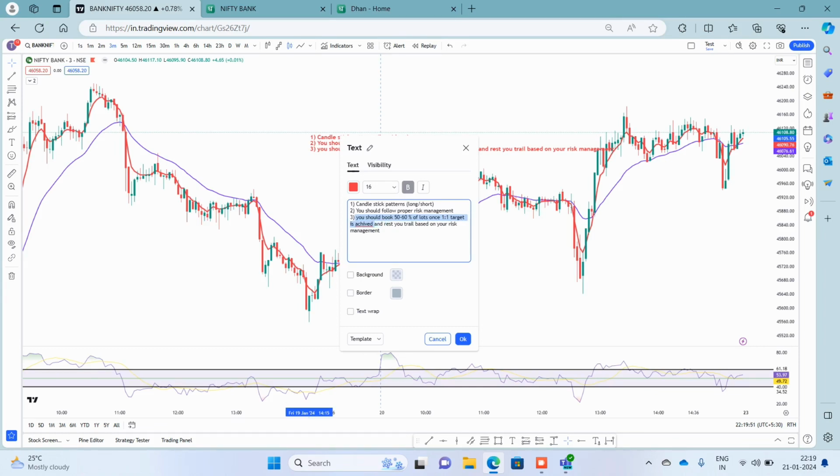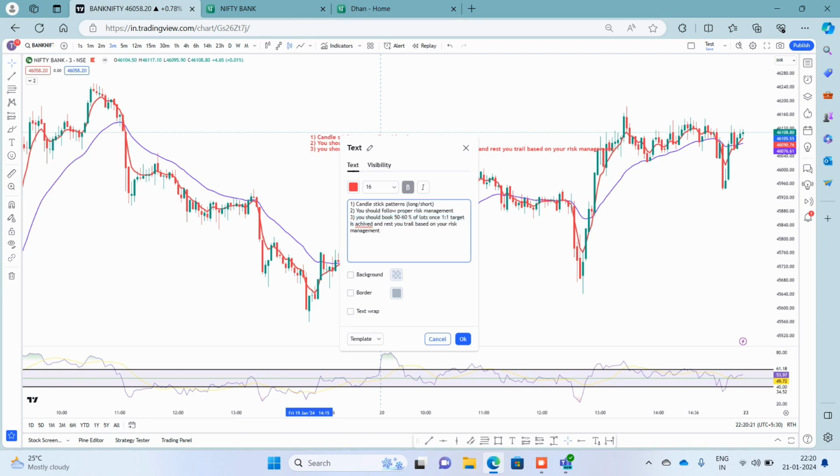Suppose your SL is 30 points. Once you see 30 points achieved, you should book minimum 50 to 60% profits. The rest you can trail. Sometimes you get 1:5, 1:10, 1:20 trades as well using this strategy, but minimum 1:1 you are going to get, and the rest of the quantity you can trail as per your risk.